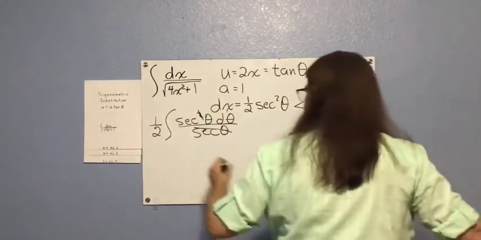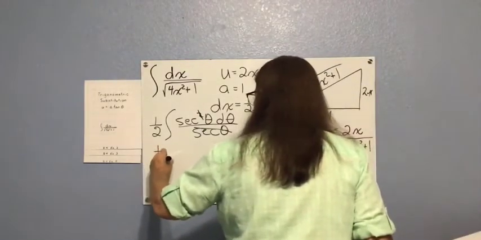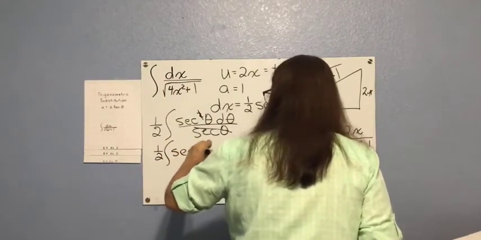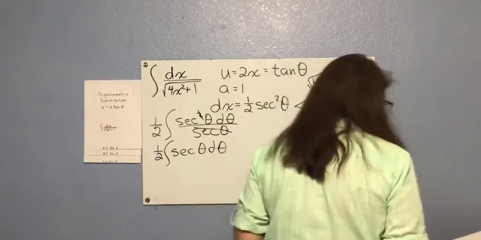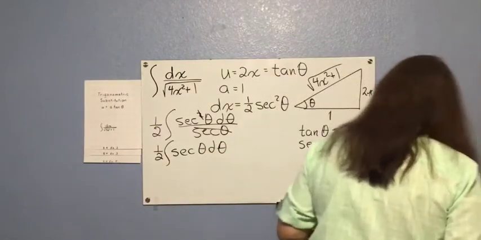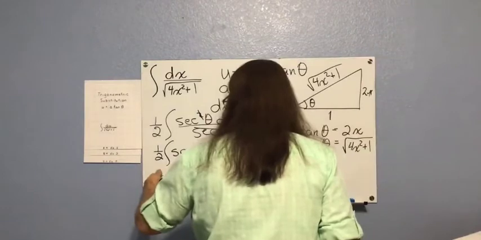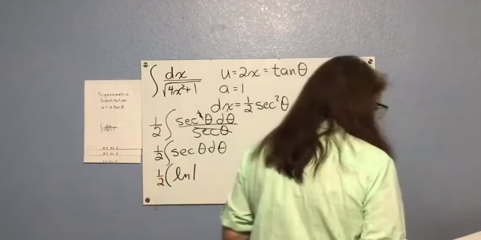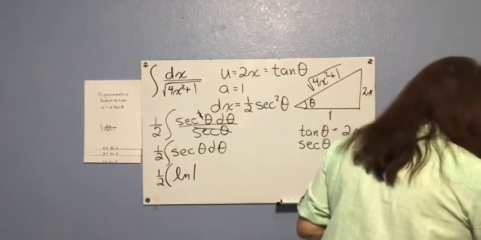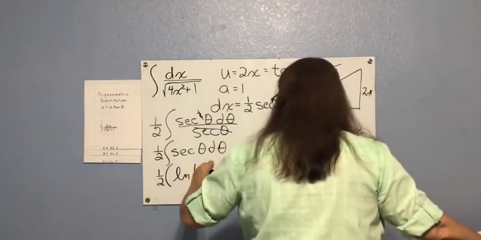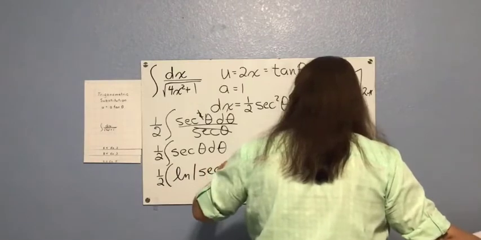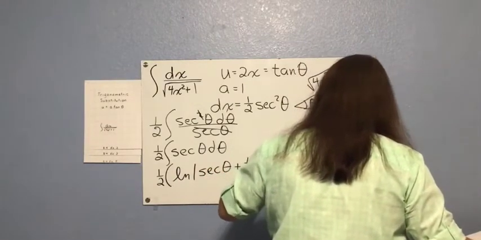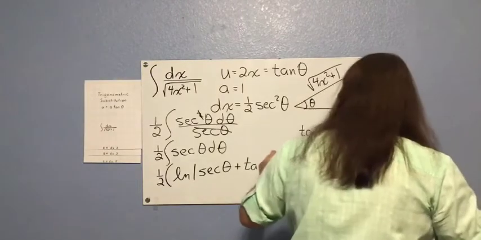So all I'm going to have left is just 1/2 the integral of secant theta d theta, which is 1/2 times the natural log of the absolute value of secant theta plus tangent theta plus a constant.